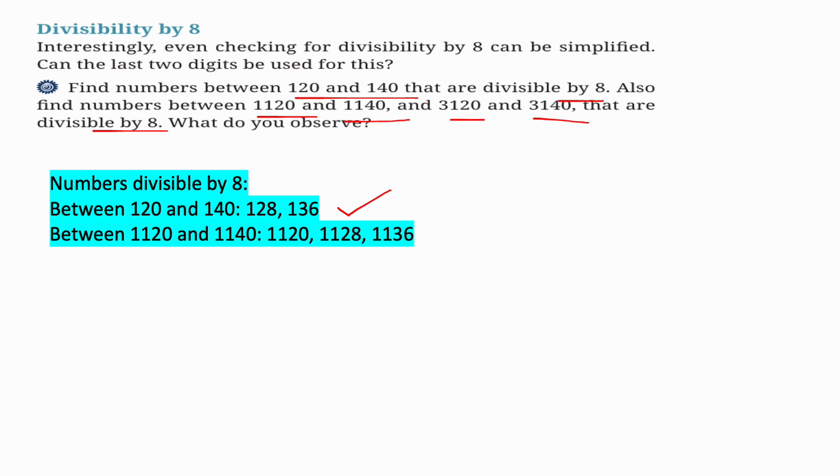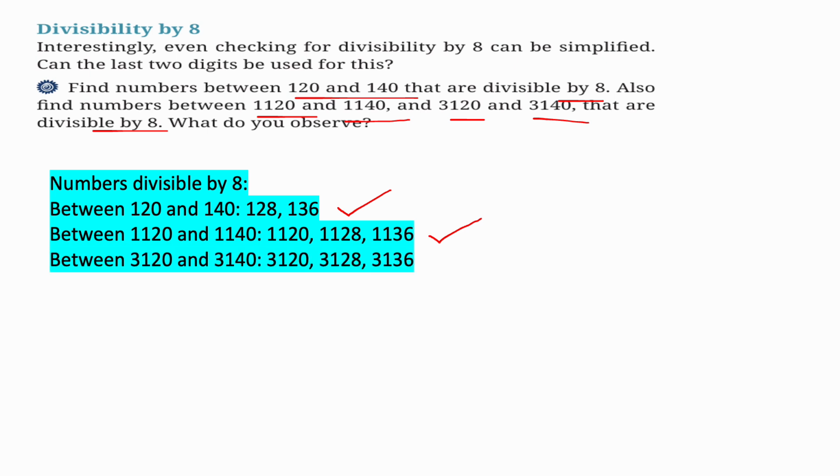The numbers divisible by 8 between 1120 and 1140 are 1120, 1128 and 1136. The numbers divisible by 8 between 3120 and 3140 are 3120, 3128 and 3136.